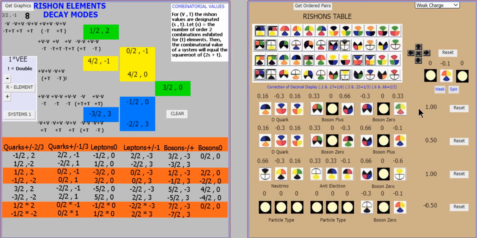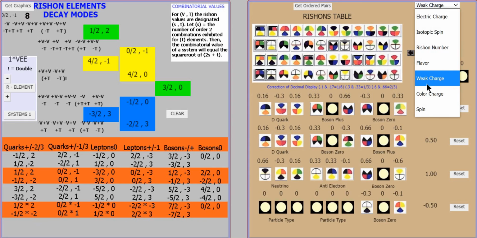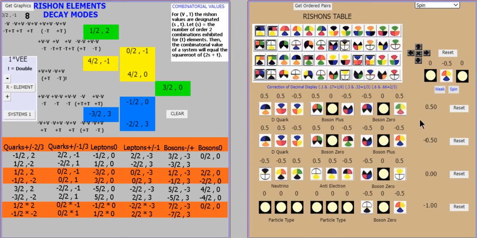So first, let's take a look at the spin. If we apply the Higgs process, we can change the spin of this alternating rishon from 1/2 to minus 1/2, giving the Z boson now the appropriate intrinsic spin of minus 1.